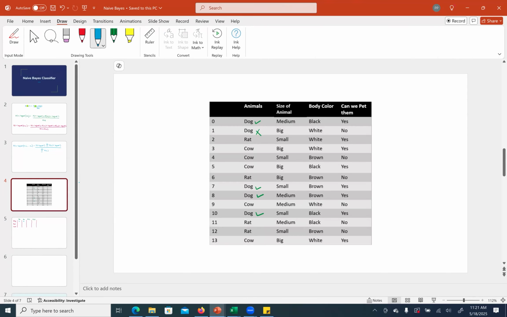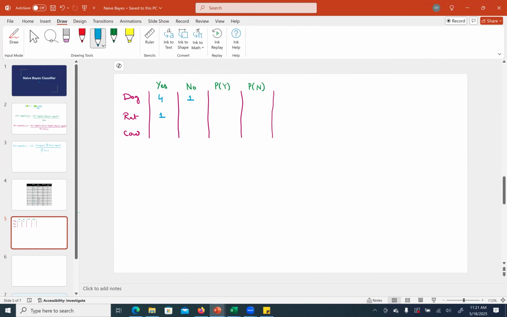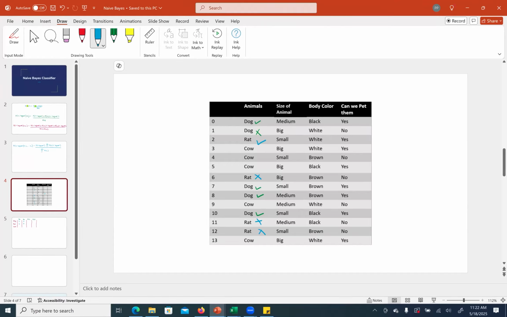Let's say for rat, this is yes, this is no, this is no, this is no. Okay, so we have 3 no's and 1 yes. And similarly for cow, this is yes, no, yes, no. 2 yes, 2 no's.